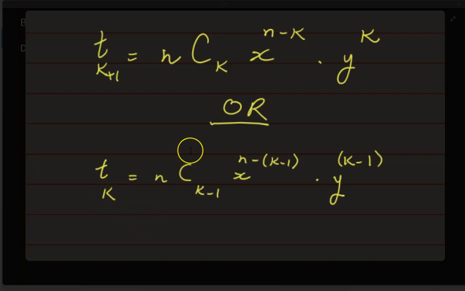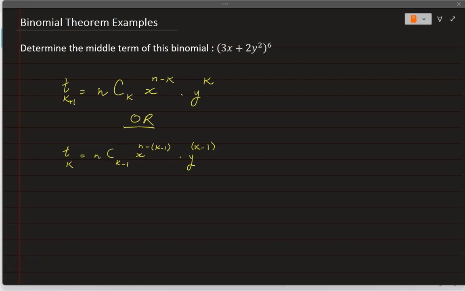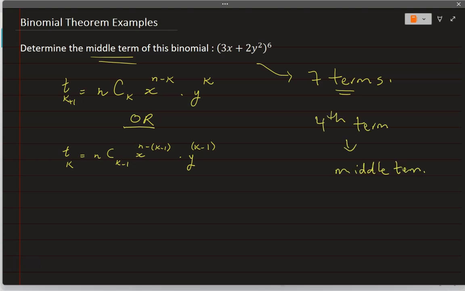Now, a couple of things. When it says middle term, when you expand this, there are 7 terms here, and we know that because of the binomial theorem. So the 4th term will be the middle term. In this case, you can use either formula, but be careful.